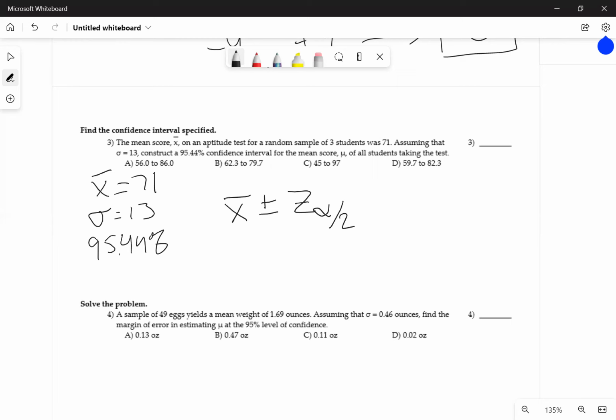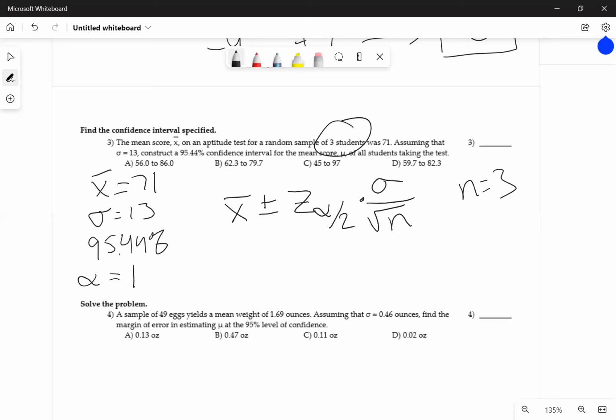So it's Z to the alpha over 2, and then standard deviation over the square root of n. The sample was 3 students, so n equals 3. It's pretty simple. So first of all, what's alpha?